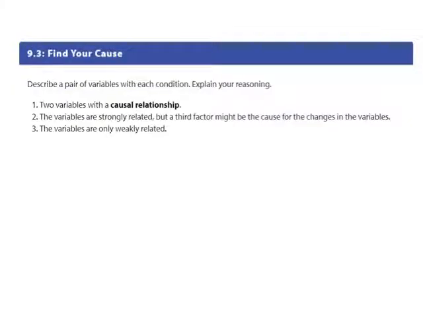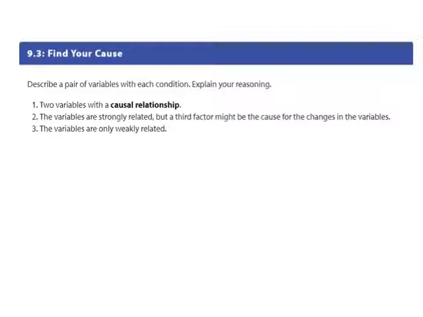Okay, for this activity, you're kind of on your own. I'd like you to pause the video and find two variables that have a causal relationship, two variables that are strongly related, but where a third factor might be the cause for the changes in the variables. So one where it's not a causal relationship.